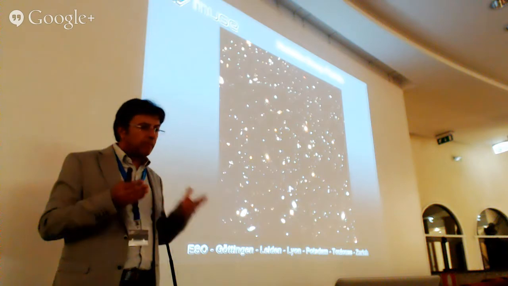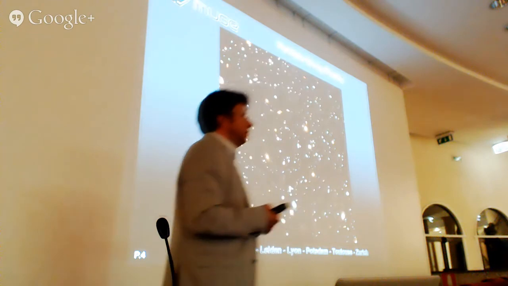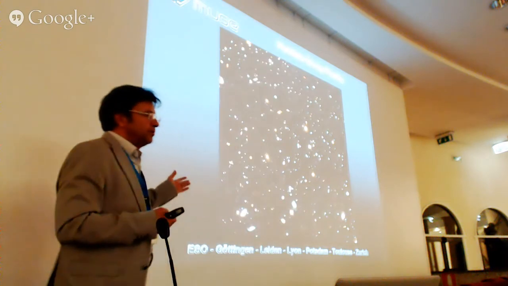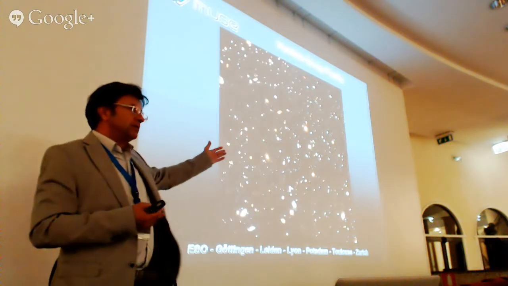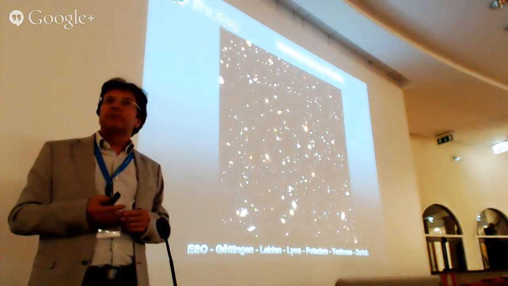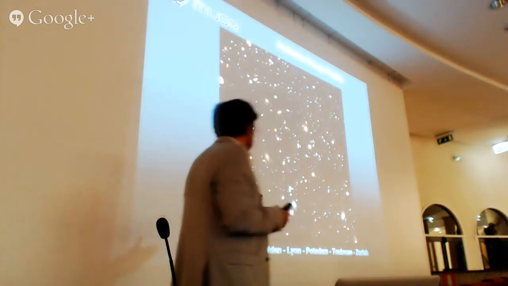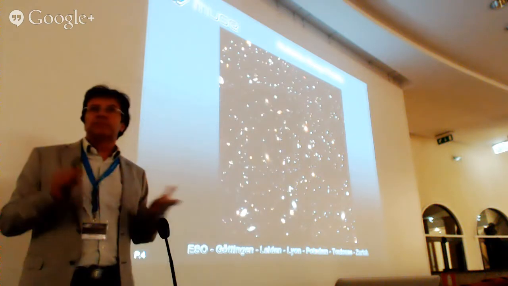So, ideally, what we would like to do is to have spectra of each of these objects. But currently, the limitation of the present spectroscopic surveys is roughly a magnitude of 25.